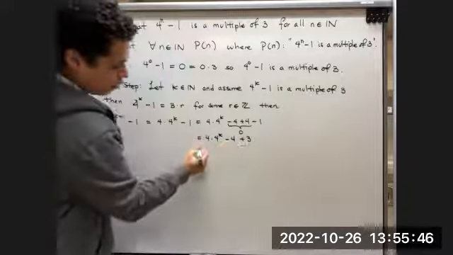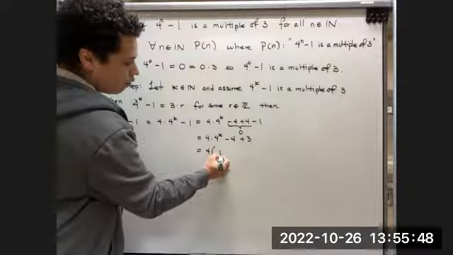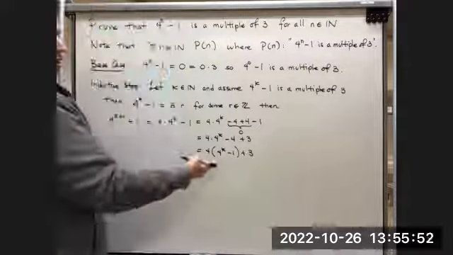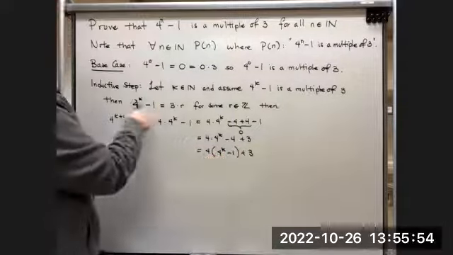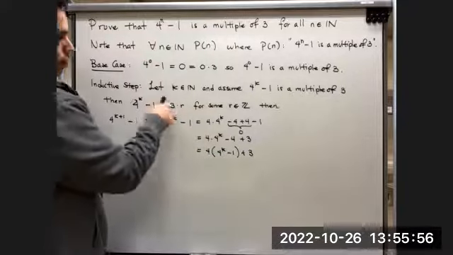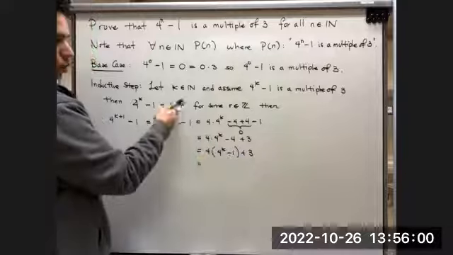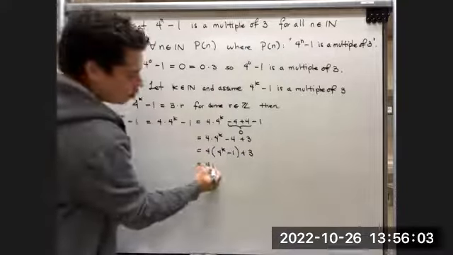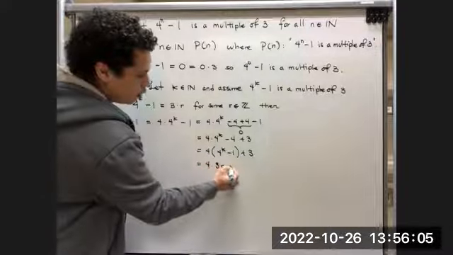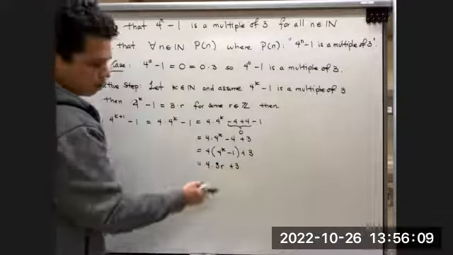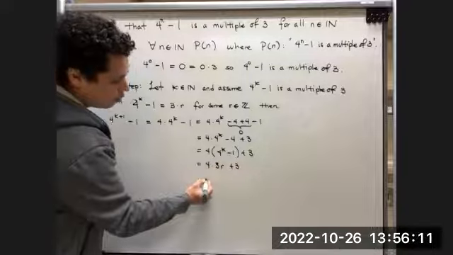But from here, I'm going to factor 4, and I'll obtain 4 to the power of K minus 1 plus 3. And as I promised, we will be able to use the assumption because we never used it so far. So now we're going to introduce it and say, well, but by assumption, this expression has to be 3 times R. So this is 4 times 3 times R plus 3. But now look, from this one, I may extract the 3. Both are multiples of 3.